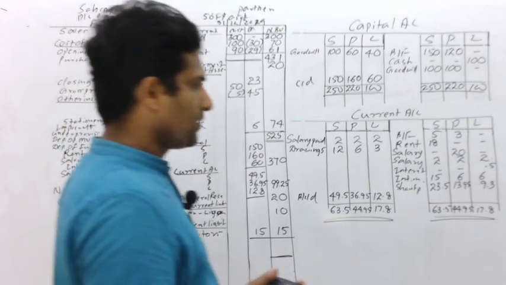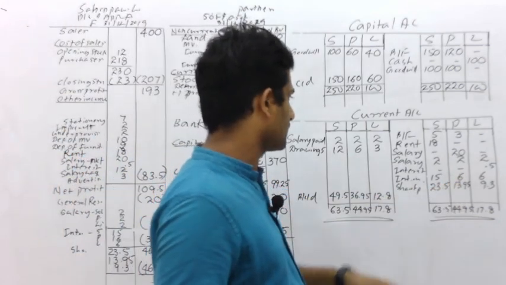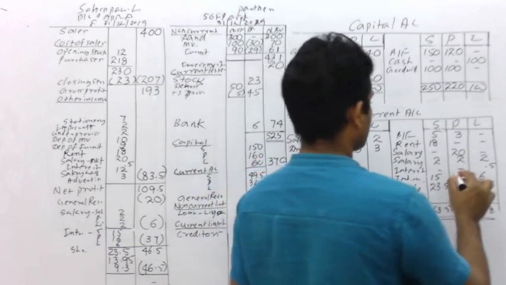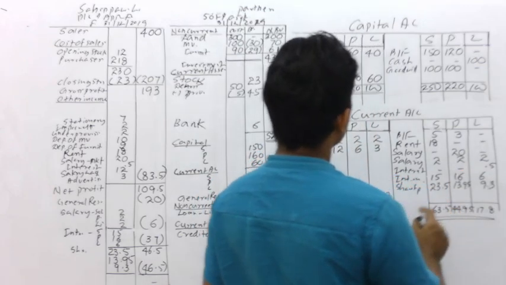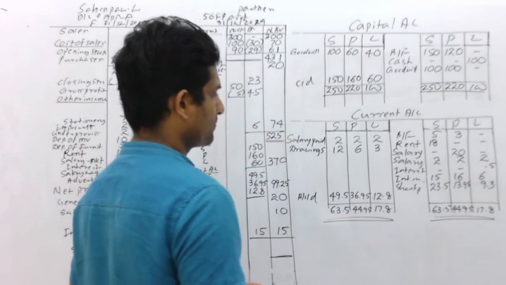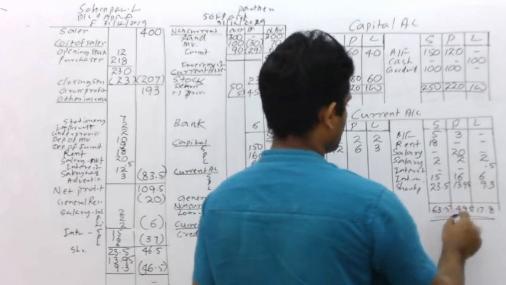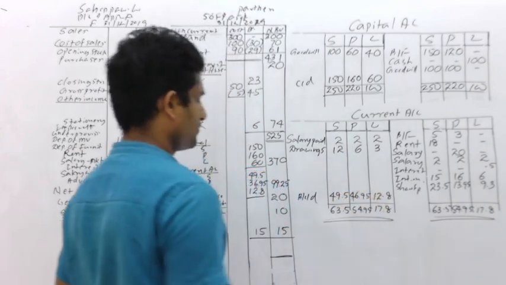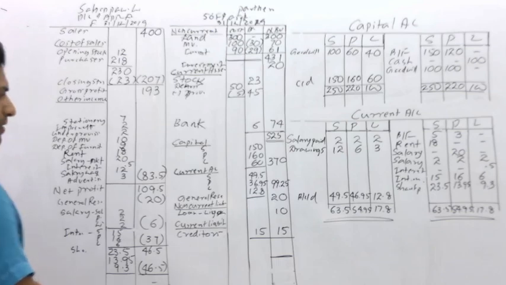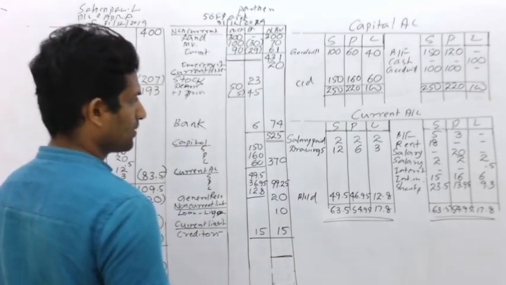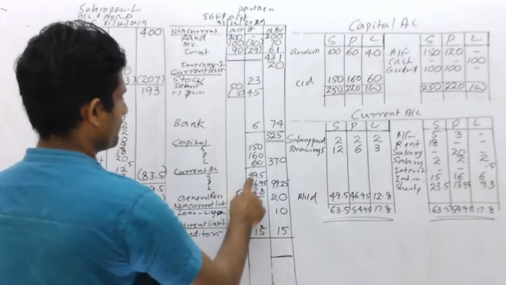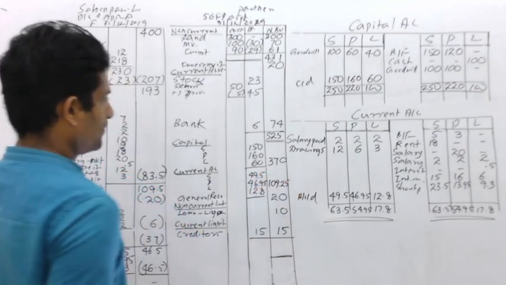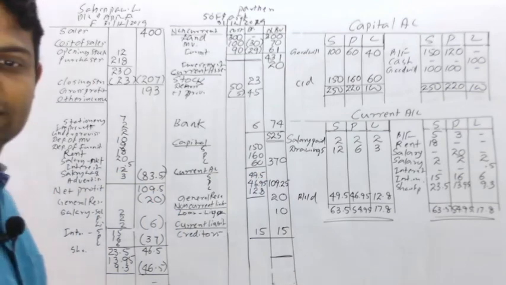Yes, here. Pawan's interest on capital is not 6, that is 16. One more error. 15, 16 and 6. But still not agreeing. What else?